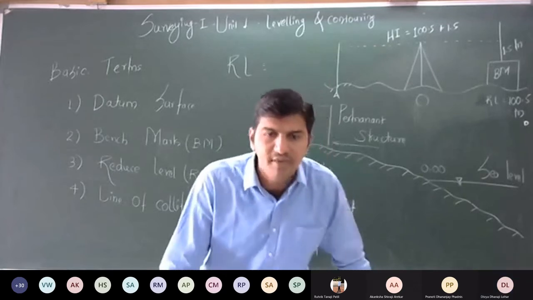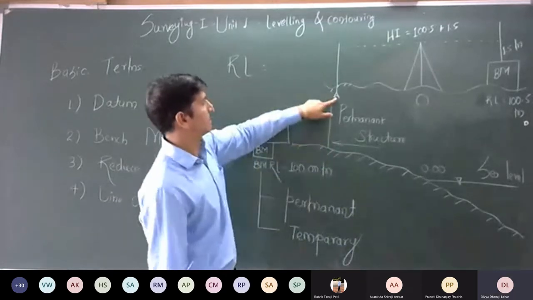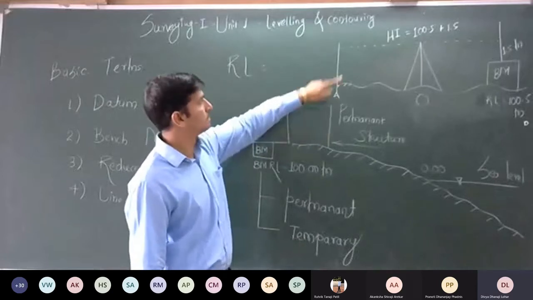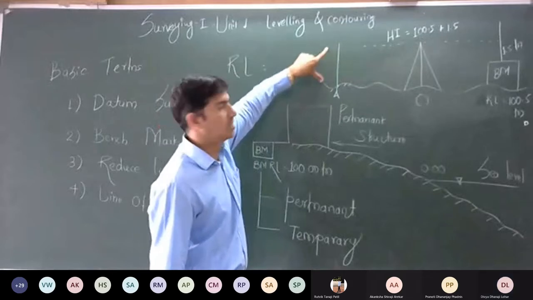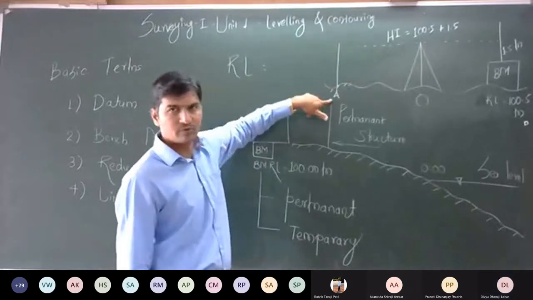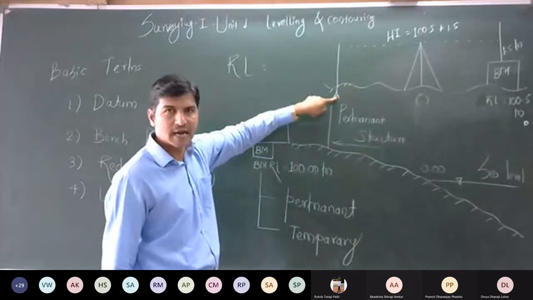RL of point A is equal to height of instrument minus staff reading. Very good. RL of point A can be found out by using HI minus the staff reading.